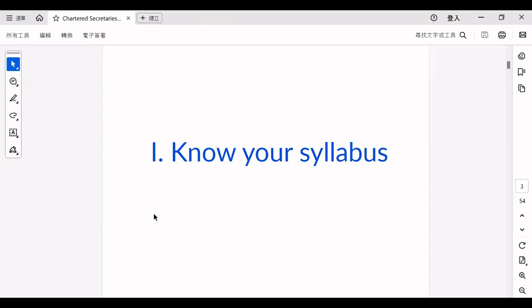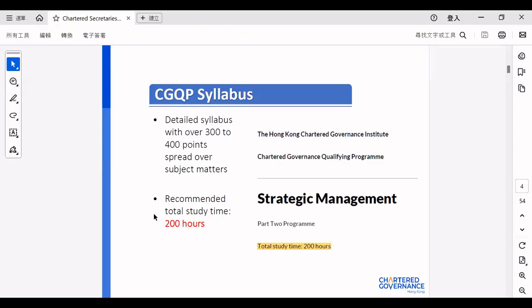Something you may already know is that this subject belongs to the Part 2 program, which is supposedly a more advanced level than the Part 1 program, so you're expected to spend about 200 hours in your study.